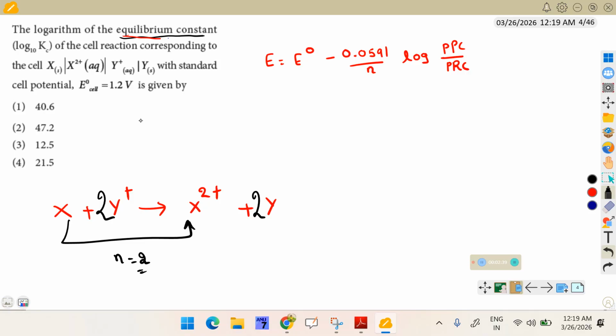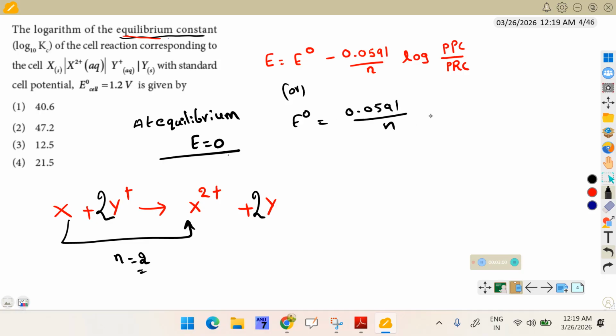Calculate the equilibrium constant. The reaction must be at equilibrium; only then are we able to calculate the equilibrium constant. At equilibrium, the value of E is equal to 0. Then the above equation is also written as E naught is equal to 0.0591 by n log of products by reactants, which is nothing but Kc.